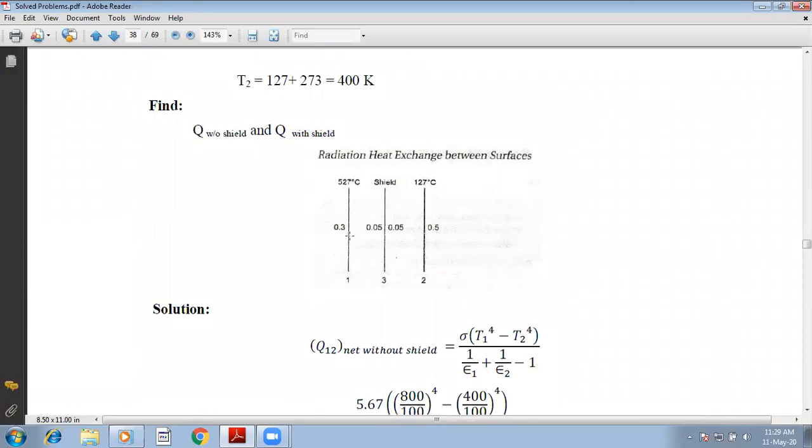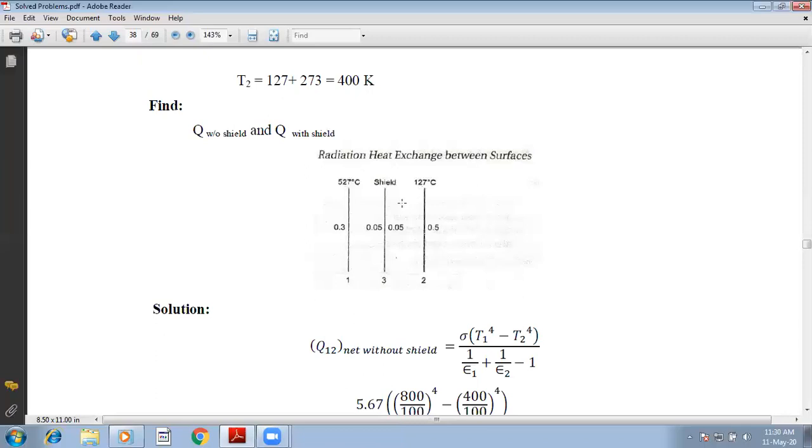You have two parallel planes, numbered 1 and 2. This one has an emissivity of 0.3 and this one has an emissivity of 0.5. This plane is at 527 degrees Celsius and this plane is at 127 degrees Celsius.